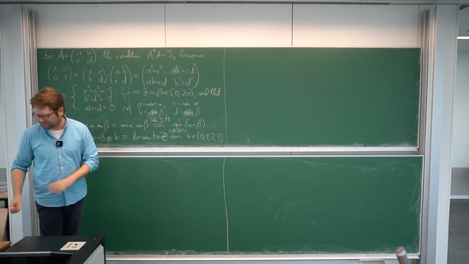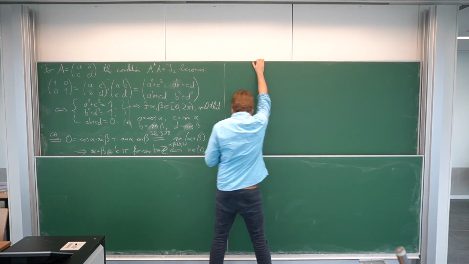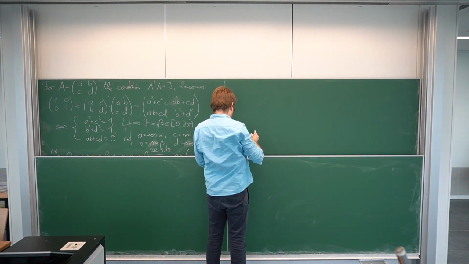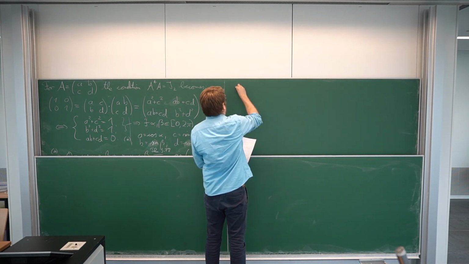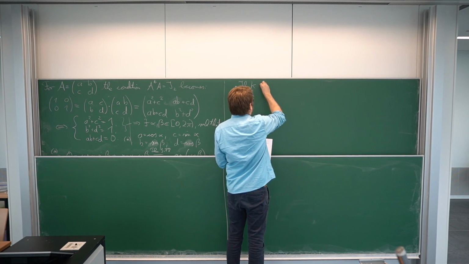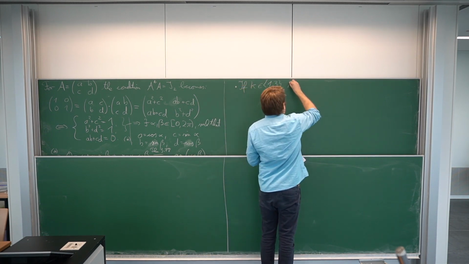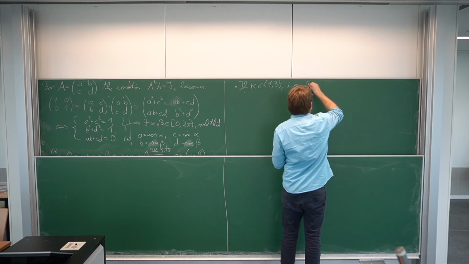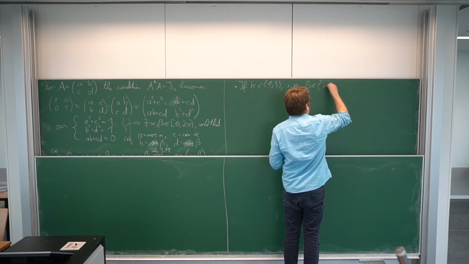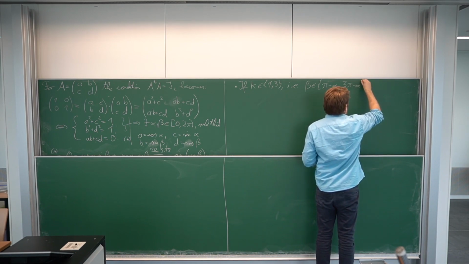Okay, and here we have to distinguish two cases. So in the first case, if k is an odd number, which means k is 1 or 3, i.e., beta is one of the following. It's either pi minus alpha or 3 pi minus alpha.